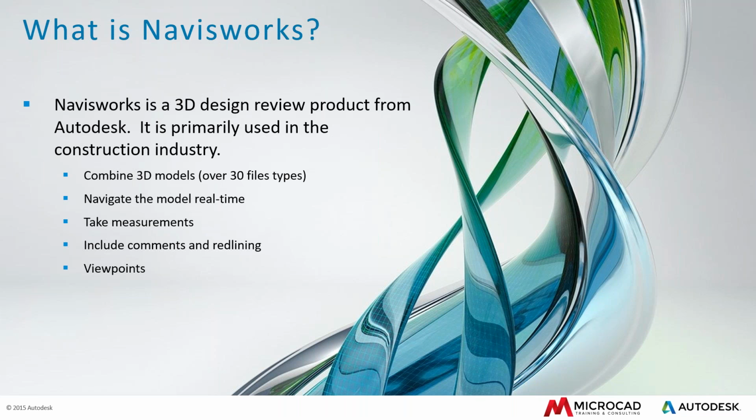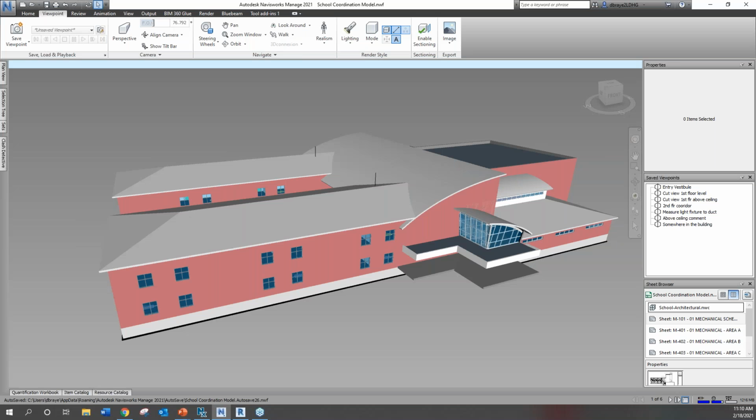That means a person can be making changes and you can refresh and see those changes while you're still within the model. You can take measurements. You can also include comments and redlining, as well as create different viewpoints. So let's take a look at it.